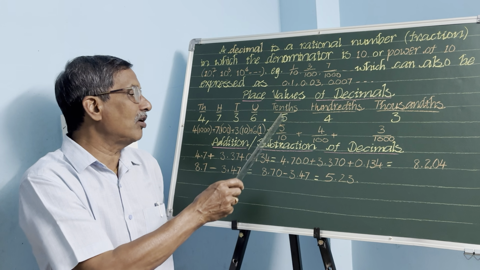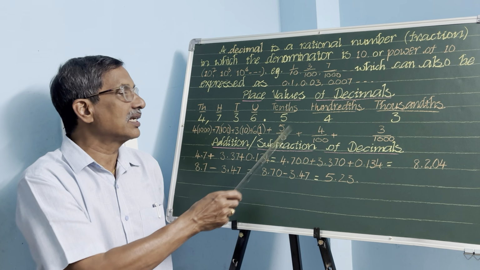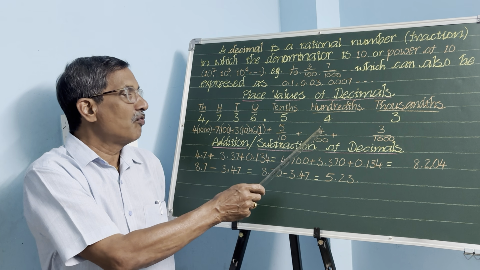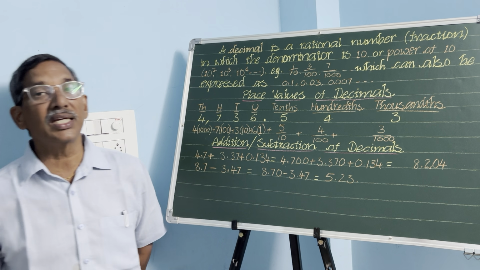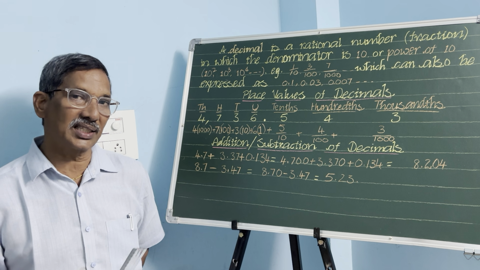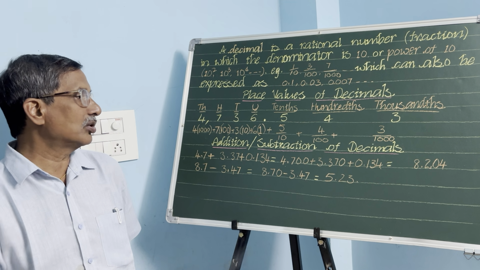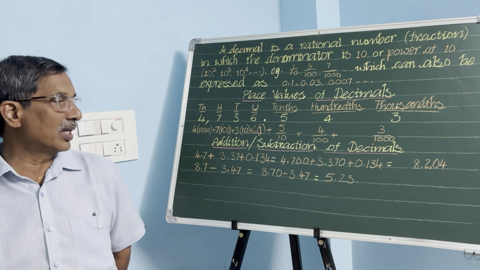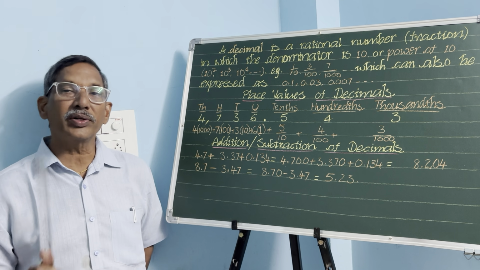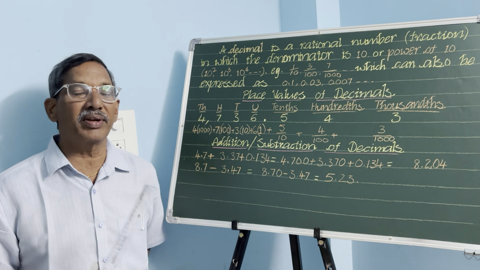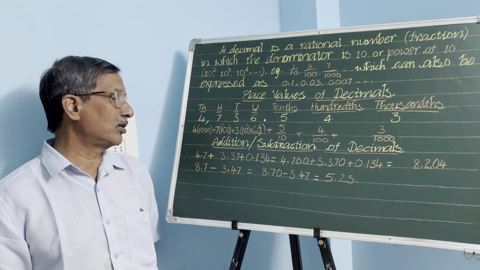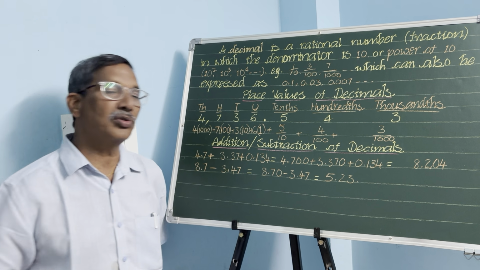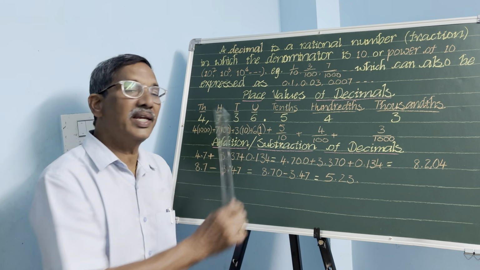The value of 5 is 5 tenths, the value of 4 is 4 hundredths, and the value of 3 is 3 thousandths. So this is the value of the number. You can write any given decimal number in this place value chart.